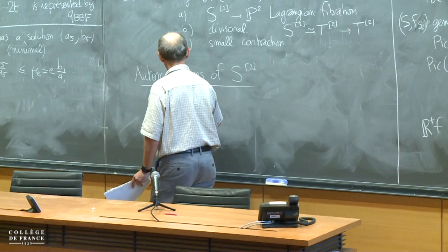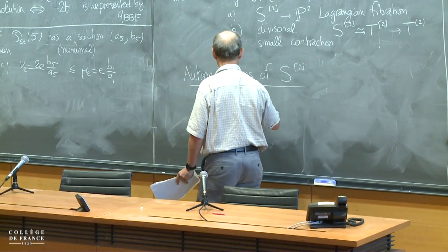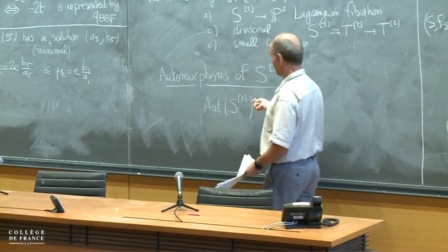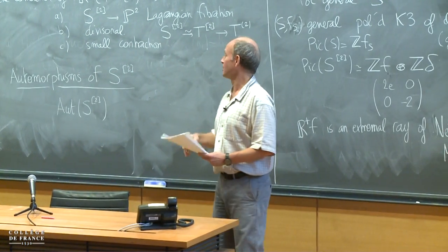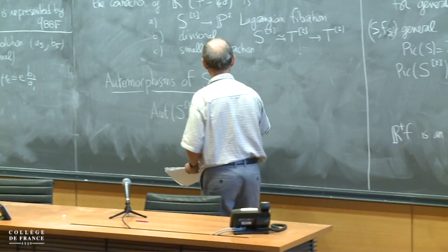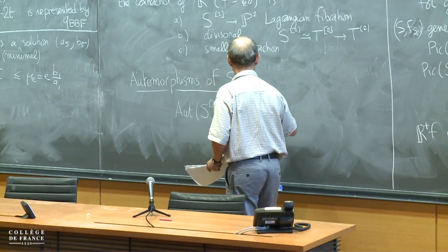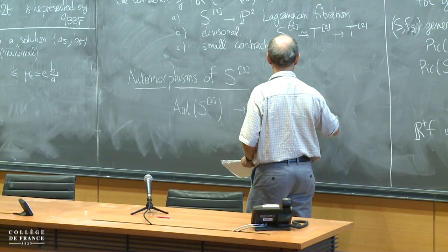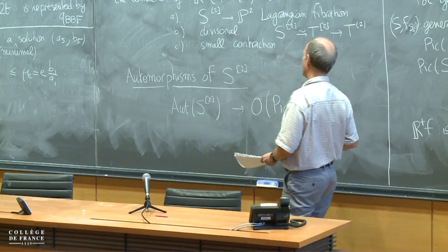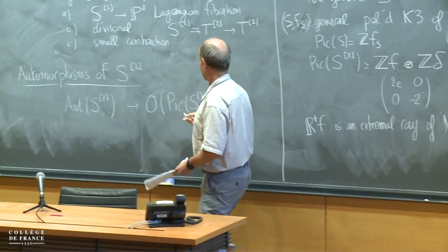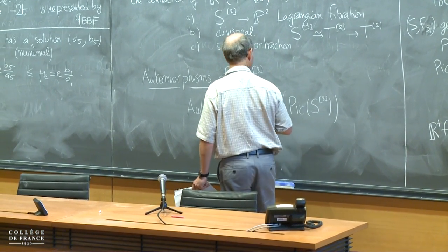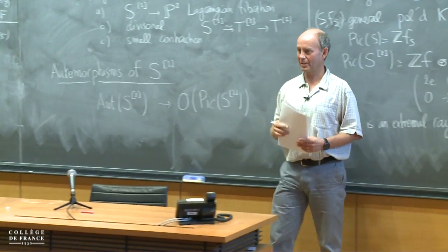So of course there is an action of the automorphism group on the Néron-Severi group, which here I wrote as Pic, but it's the same. Okay. And this map is actually injective almost always.